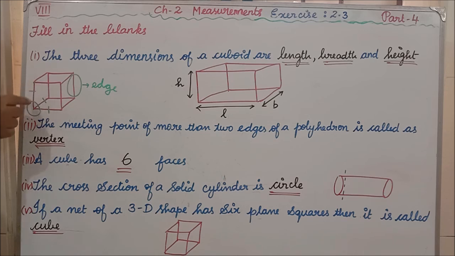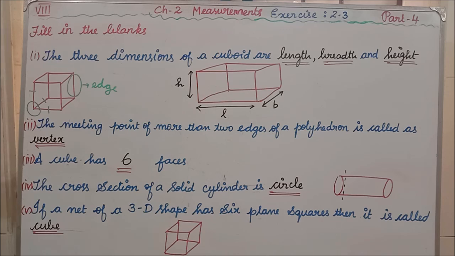The 3, more than 2 edges, are meeting at one point. Isn't it? This point is called what? Vertex. Okay, then again this is also a vertex, this is also a vertex, everywhere we are having a vertex. As I told you before itself, what is a vertex, what are faces and what are edges, I have already explained. Isn't it? Now the answer to the second subdivision is vertex.